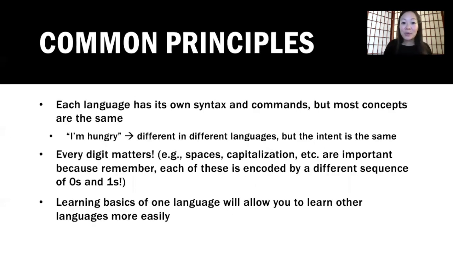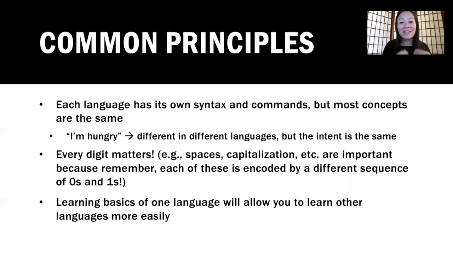There are some common principles when it comes to programming. Like I said, each language has its own syntax and commands, but the concepts are generally the same. It's kind of like, in any foreign language class you take, you will learn to say, I'm hungry. Where is the bathroom? Where is, I think a common one used to be, where is the library? But maybe that's less common now.